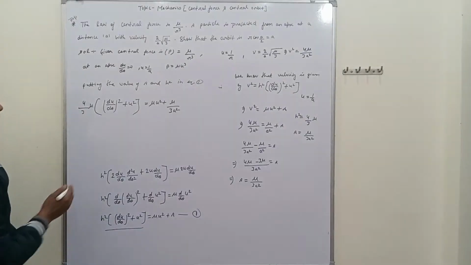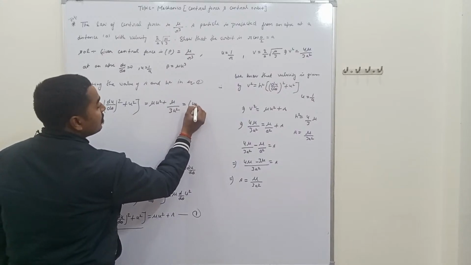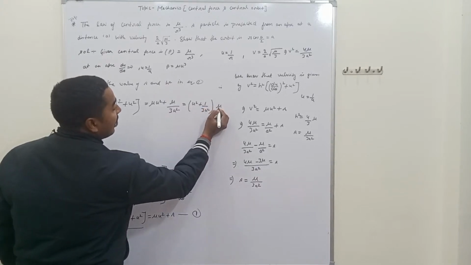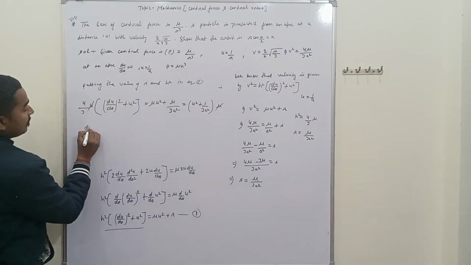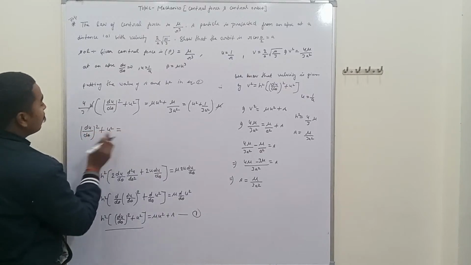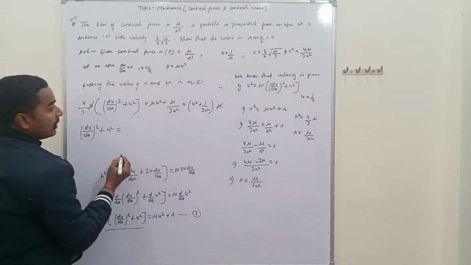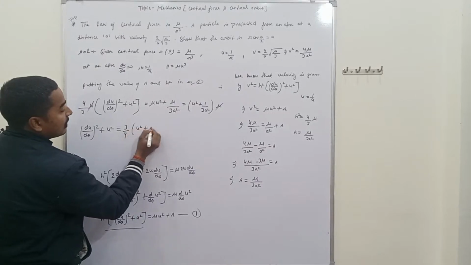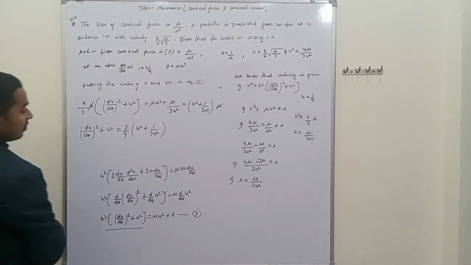From here we have to take common right hand side mu, that is u square plus of 1 upon 3a square into mu, and from here mu to mu is cancelled out, then the remaining is du upon d theta whole square plus of u square is equal to 4 upon 3 cross multiplication with u square plus of 1 upon 3a square, that is 3 by 4 into u square plus of 1 upon 3a square. Further we have to solve.